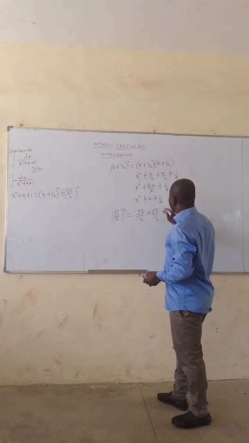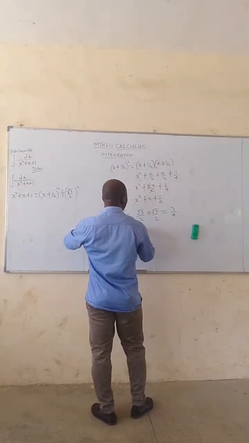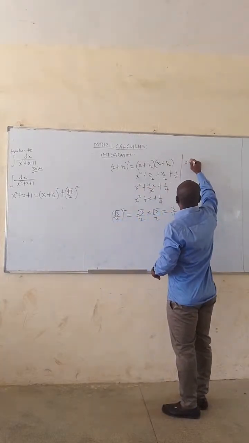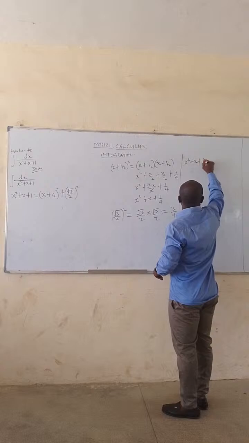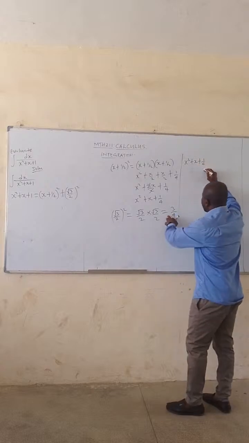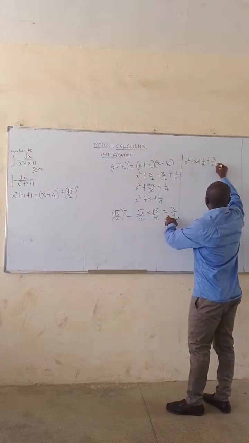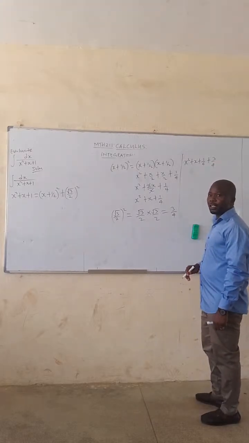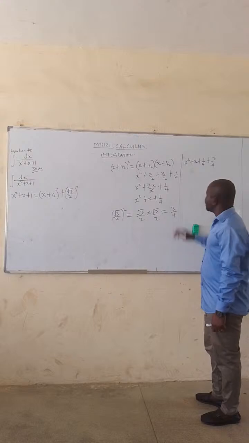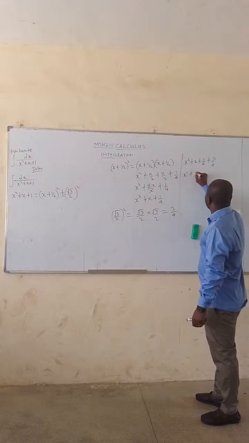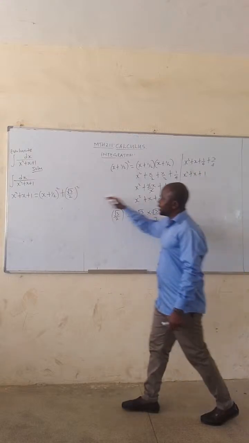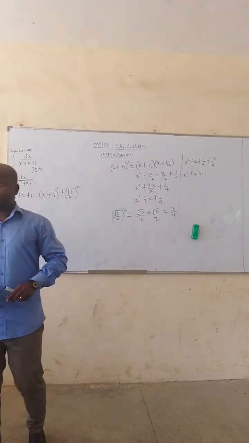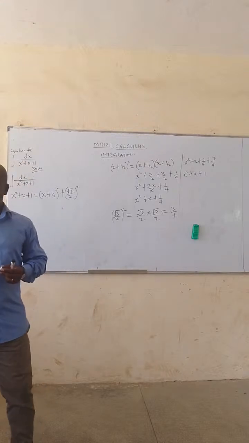So what are we going to write here? Since we have x squared plus x plus 1 all over 4, right? Then plus 3 all over 4. Take the answer, 4, right? 4 divide 4, 1. So you can now see that x squared plus x plus 1. It means this is the same thing as this. That is your special.